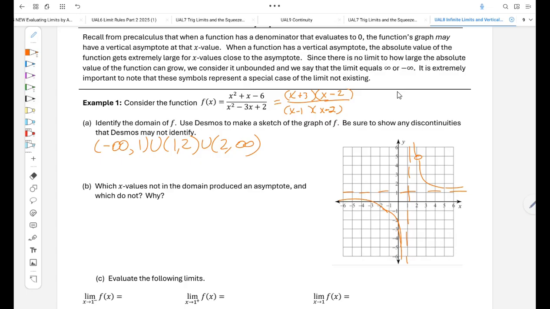So which x values in the domain produced an asymptote and which did not? Which x value is not in the domain? Which of the numbers that we left out produced an asymptote?